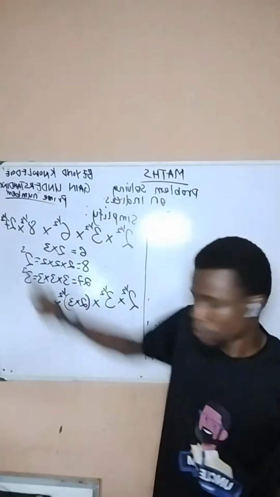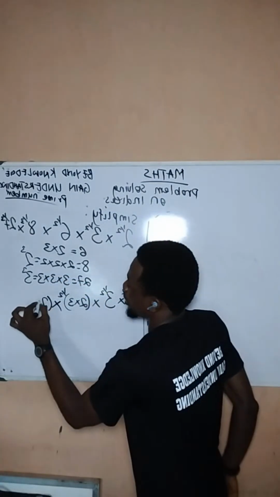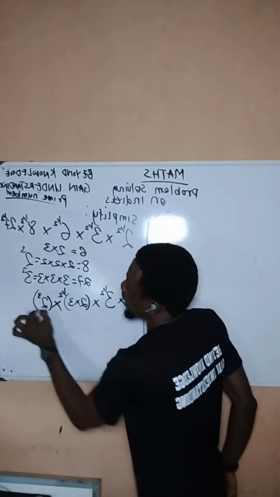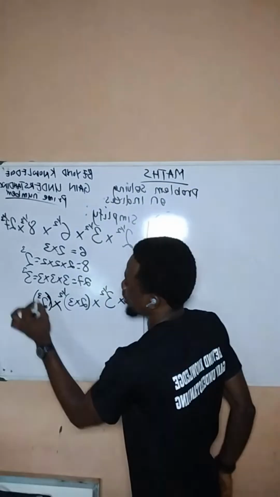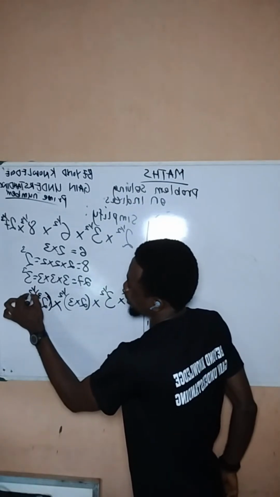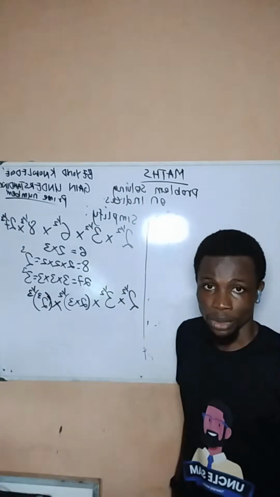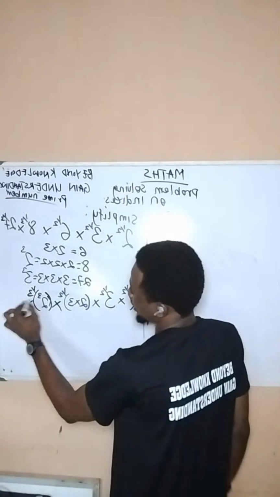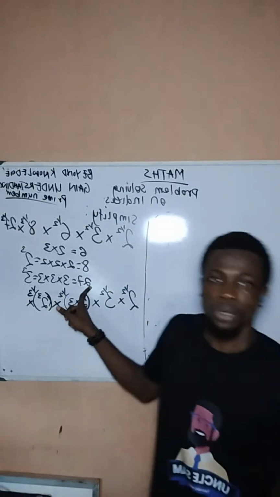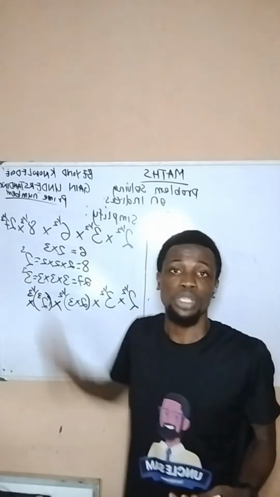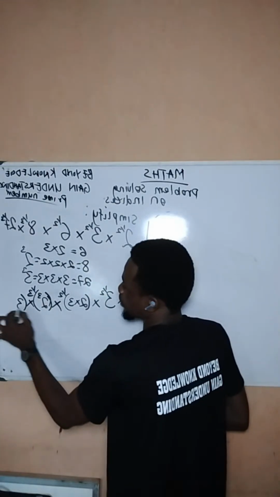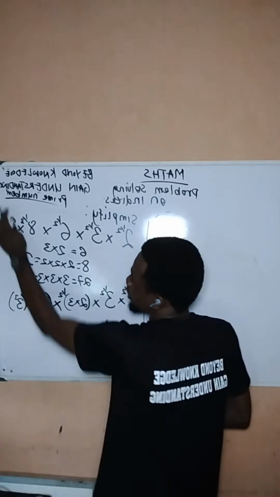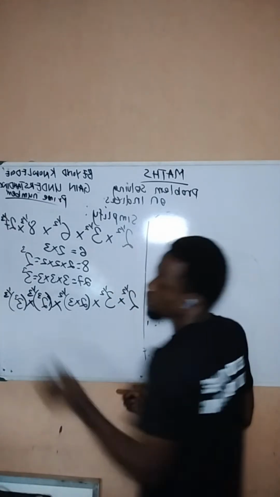Then there is also a power that 8 came with, so I'm going to have the outermost power here as 1 over 3. Then multiply by the last one, which is 27. We have switched it up to become 3 raised to the power of 3, everything raised to the power of 1 over 3.